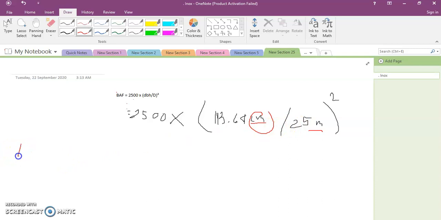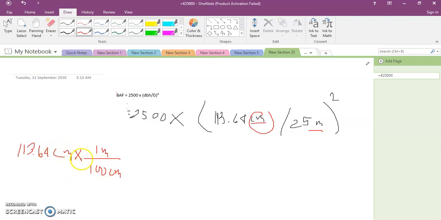So we have here 113.64 centimeter. Convert it into meter. 1 meter is equal to 100 cm.